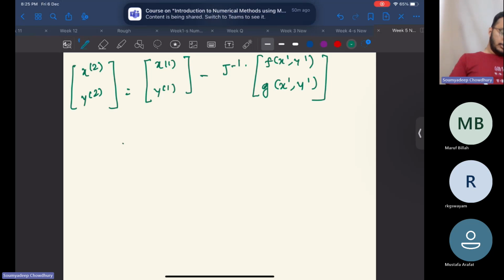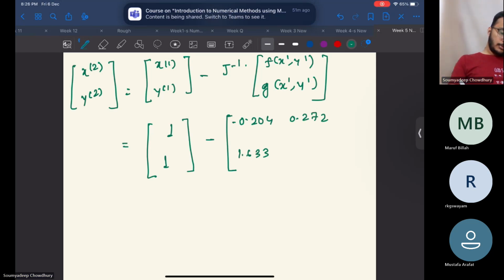So if I substitute this, x1, y1 is 1, 1 minus J inverse is this one, minus 0.204, 0.272, into this one, which is minus 0.92 and 1.1.